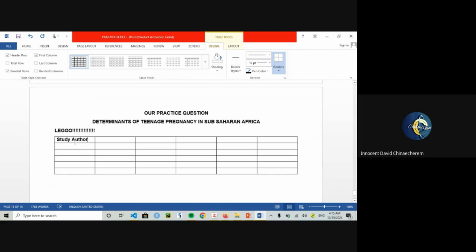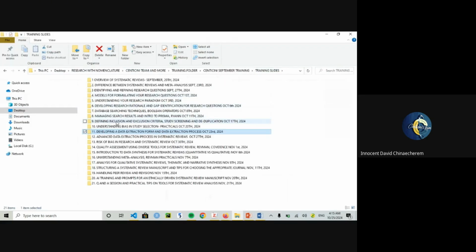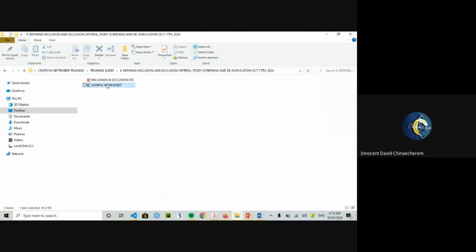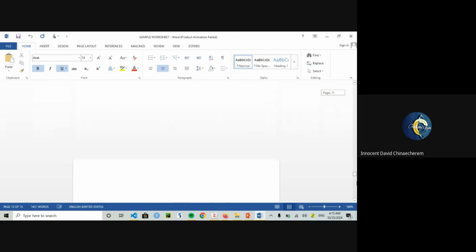Before I go ahead, I'm going to take a look at what my inclusion criteria look like once more. So I'm going to quickly come back here, go back to the inclusion and exclusion criteria training, open it, then go to the sample worksheet, and come down to my inclusion and exclusion criteria.